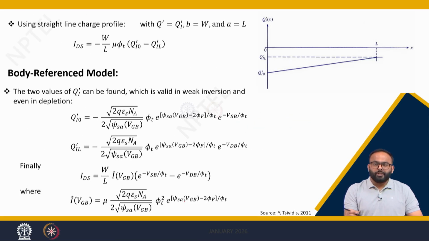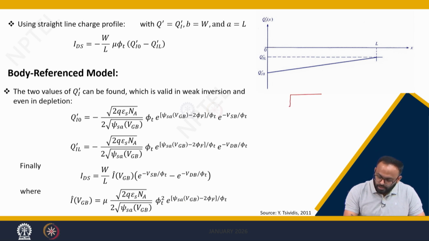Now, how can we go for the diffusion component? You remember from our basic theory of diffusion, if there is a semiconductor bar and there is a gradient in the concentration, let us consider the electron concentrations N1 and N2, then the current through this semiconductor bar can be given approximately by W into D into dN by dx.